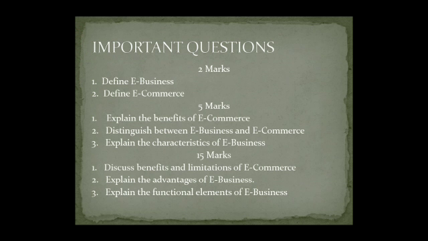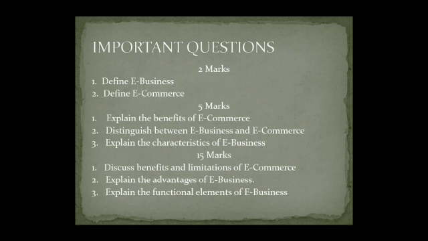And third one, you may get explain the characteristics of electronic business. And for 15 marks you are getting questions from this topic: discuss benefits and limitations of electronic commerce, explain the advantages of e-business, explain the functional elements of electronic business. These are the important questions you are getting from this topic.